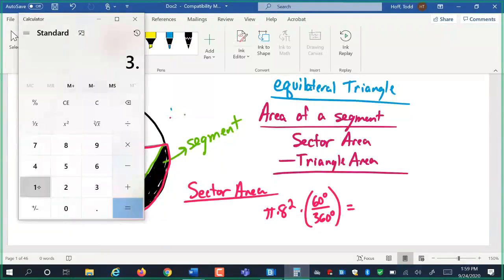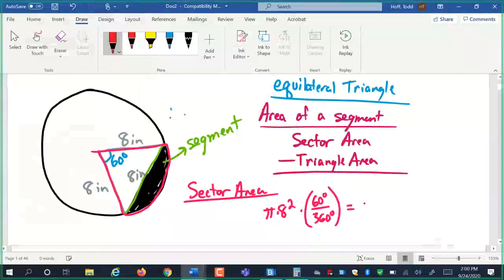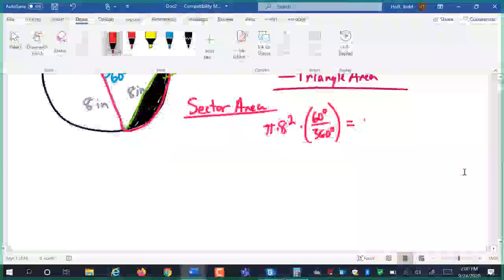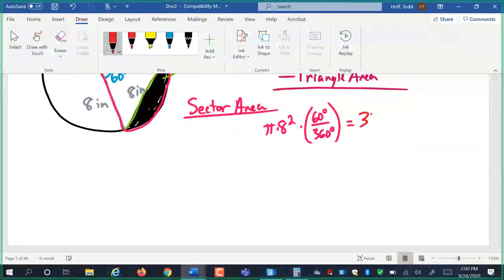So 3.14 times 8 squared times 60 divided by 360 gives us 33.49. So the area of that sector is 33.49 square inches. That's the area of the whole sector.